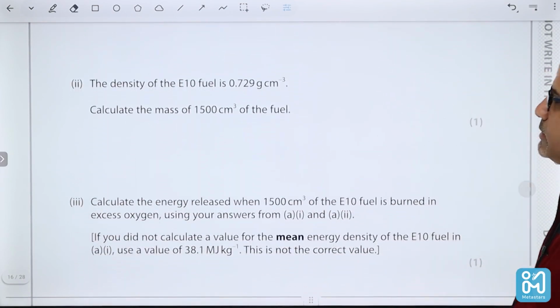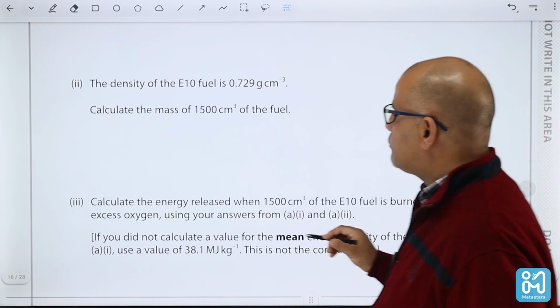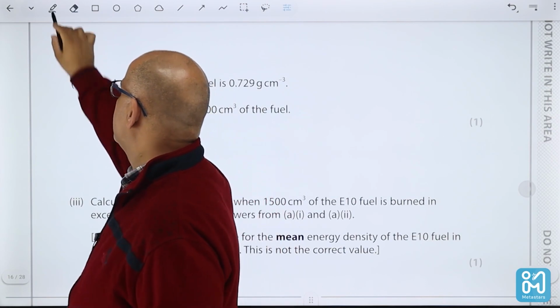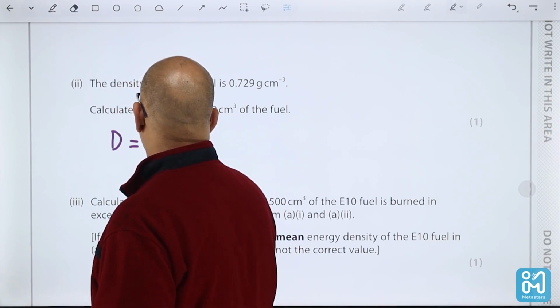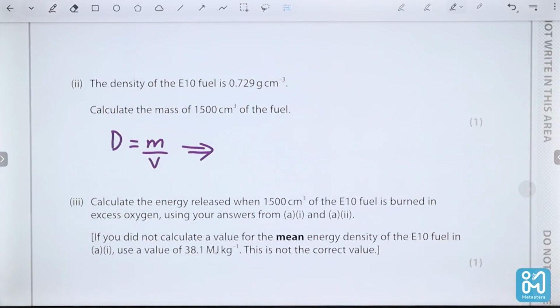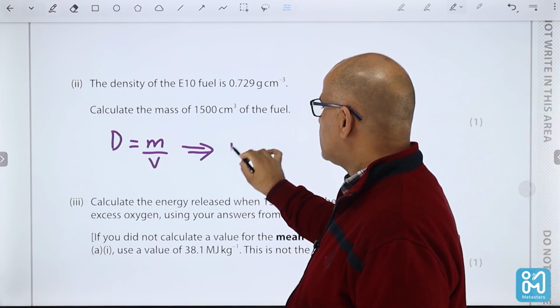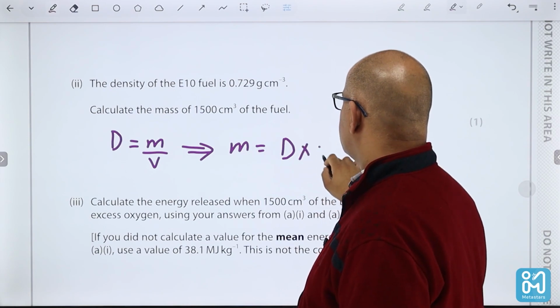Now, the density of E10 fuel is 0.729 grams per cubic centimeter. Calculate the mass of 1,500 cubic centimeters of fuel. That's very easy. The density equals the mass over the volume. So from this formula, the mass equals density times volume.